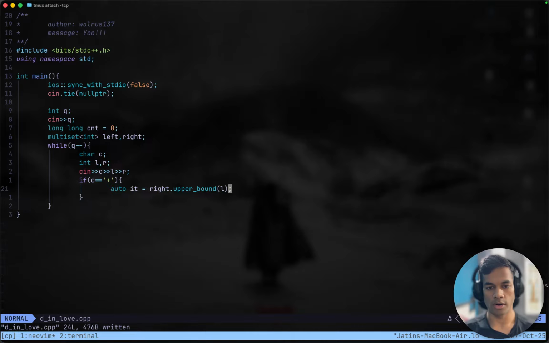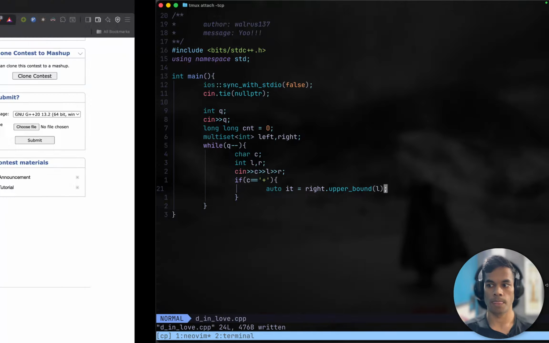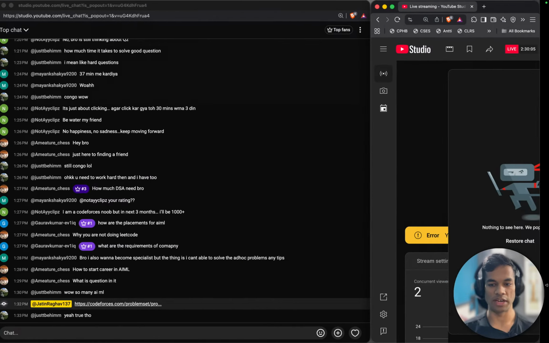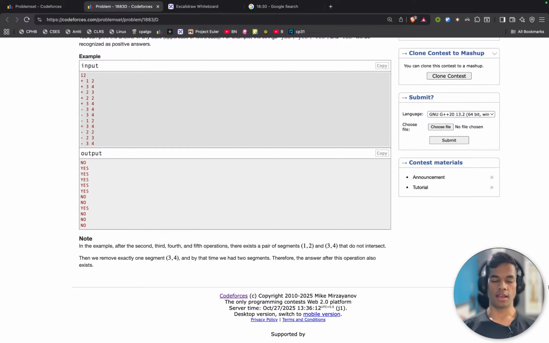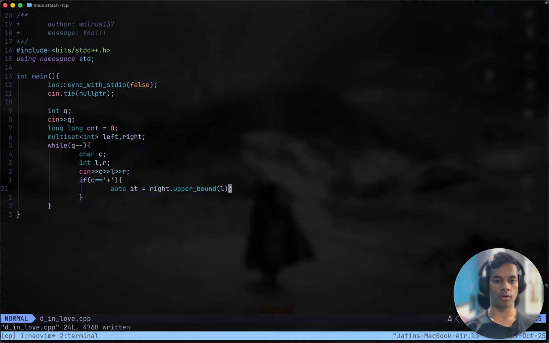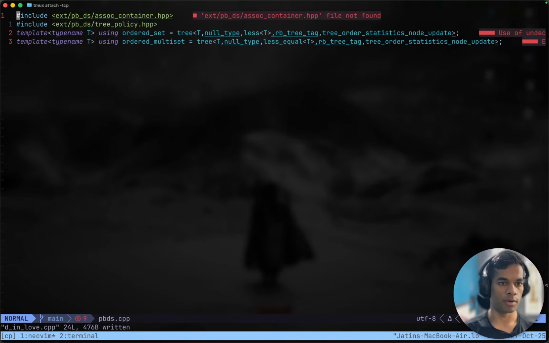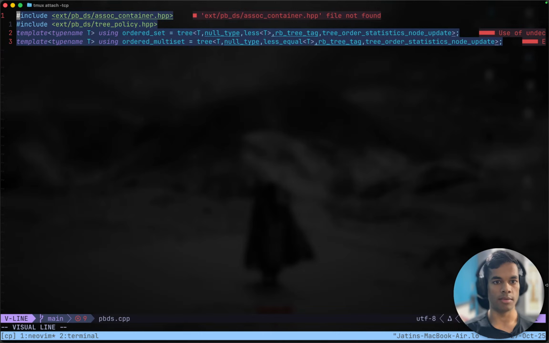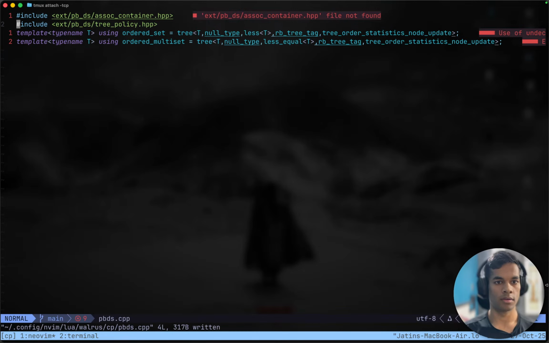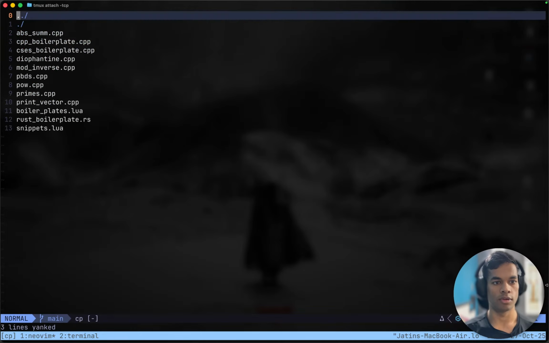We also need the order of this number. I forgot how to use a policy-based data structure. I do have it in one of my templates, PBDS, policy-based data structure, ordering multiset. Just copy these two things.